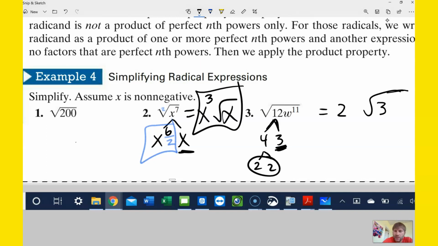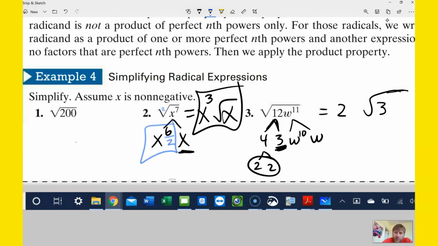Now look at the w to the 11th. The index of understood 2 here will not go into 11, so I break the w to the 11th down to the nearest thing that 2 will go into, which is w to the what? To the 10th, because 2 will go into 10. So it's w to the 10th, and then there's one more w to the 1st that's got to go with it to make w to the 11th.